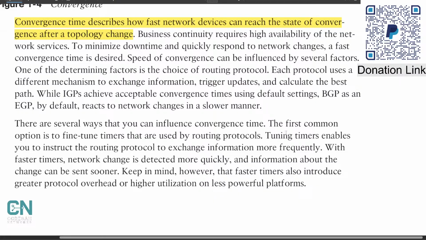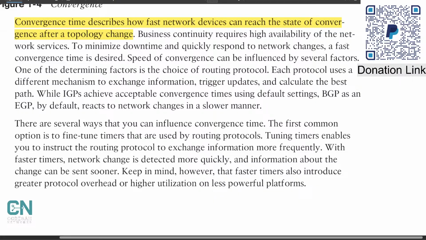The speed of convergence can be influenced by several factors. One of the determining factors is the choice of routing protocol. Each protocol uses a different mechanism to exchange information, trigger updates, and calculate the best path.